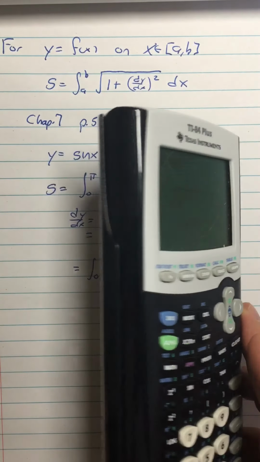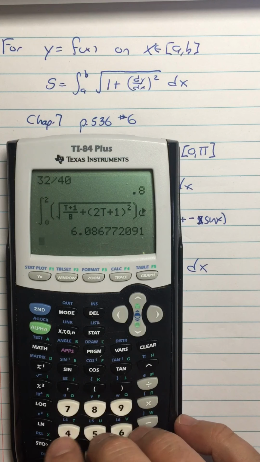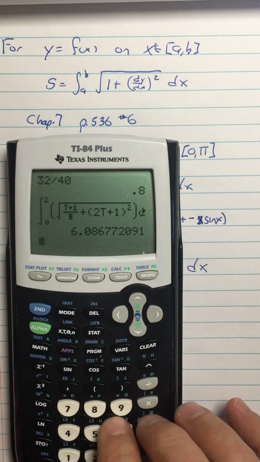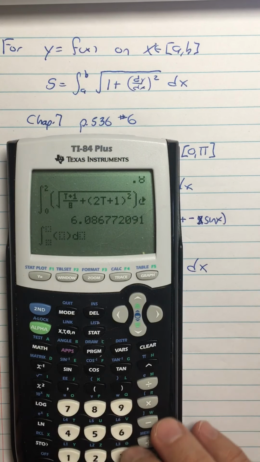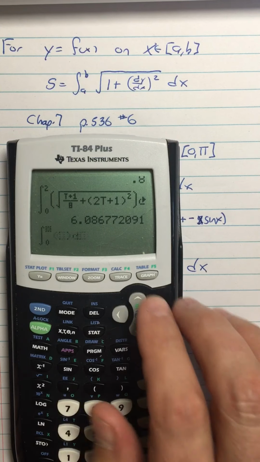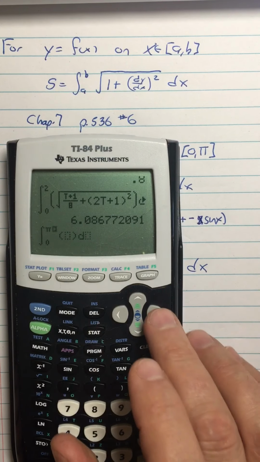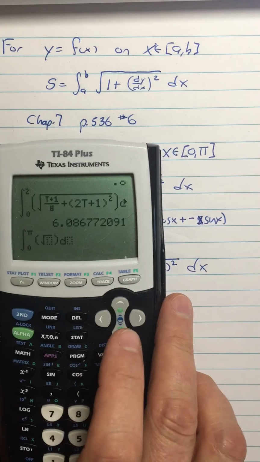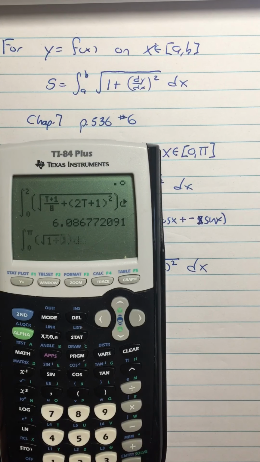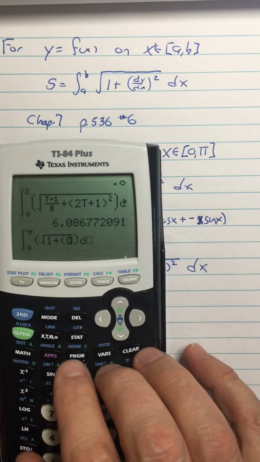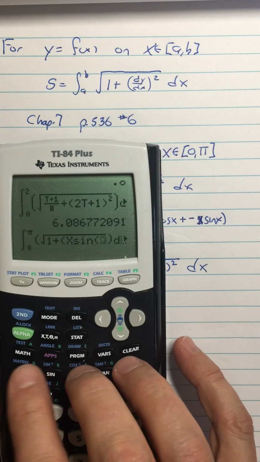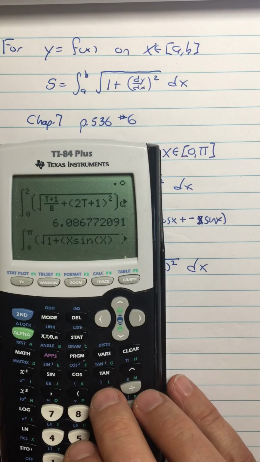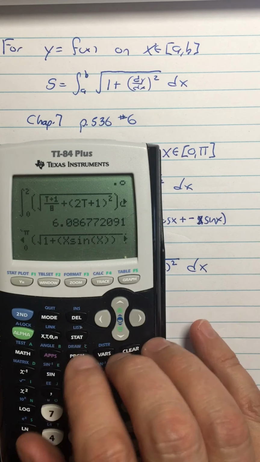So we're going to do integral 0 to pi. So math 9 for integral. I'm not sure it's really worth watching me do this. Then we're going to put the square root. And then what do we got? We got 1 plus x sine x squared.